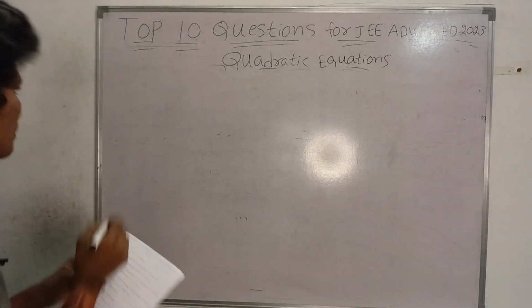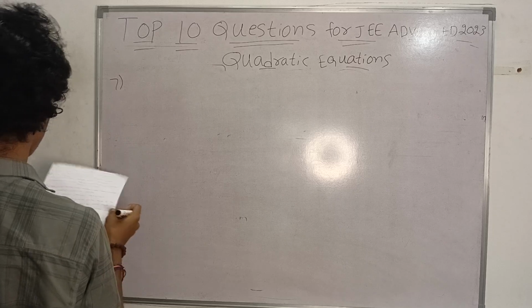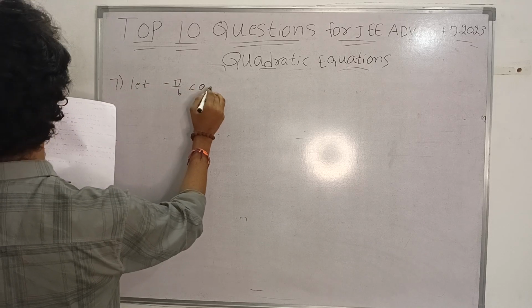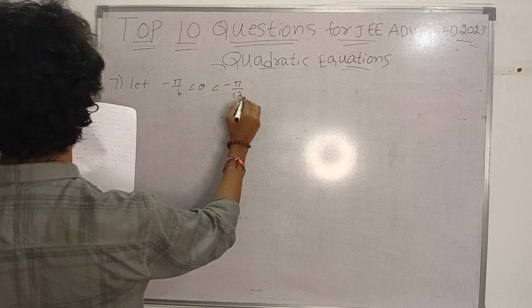Sixth question got completed. Now 7th question. Let minus pi by 6 less than theta less than minus pi by 12.